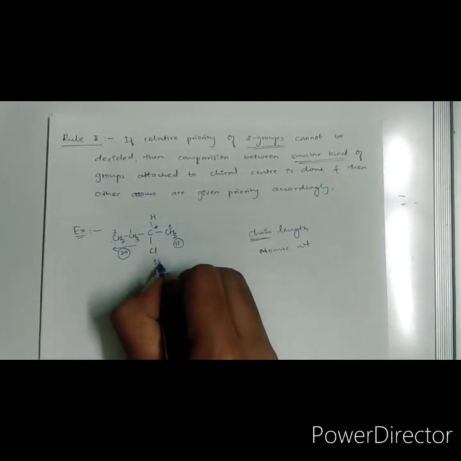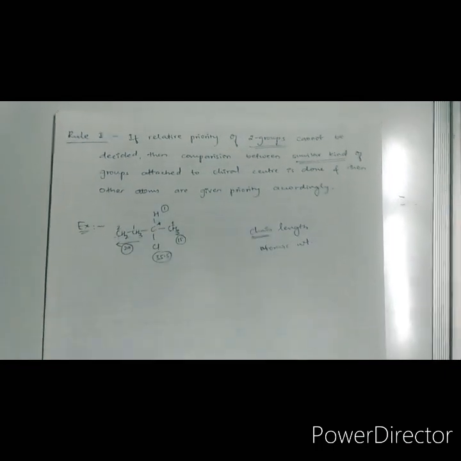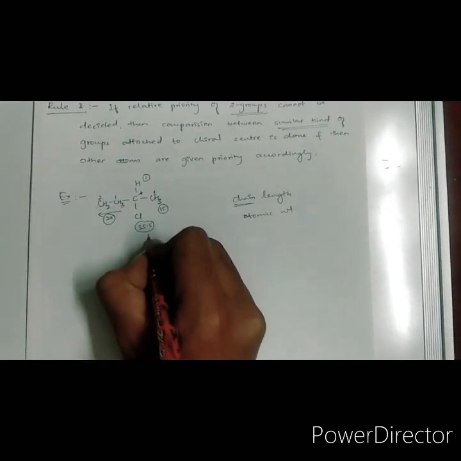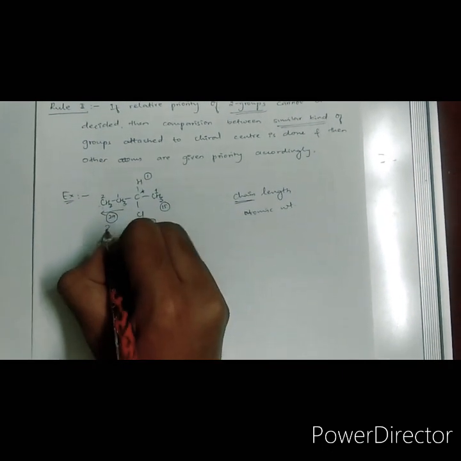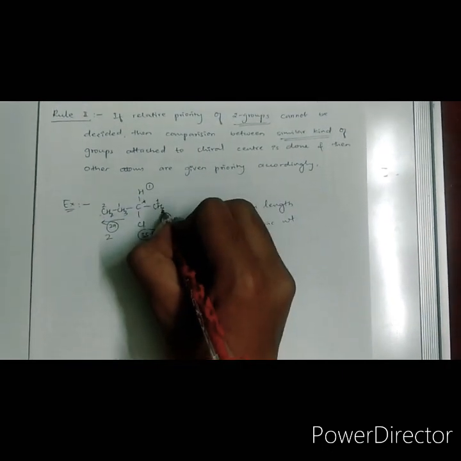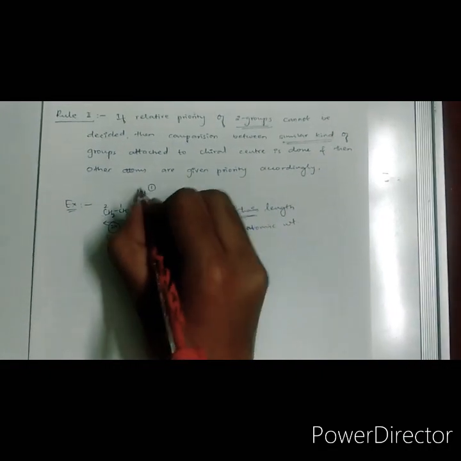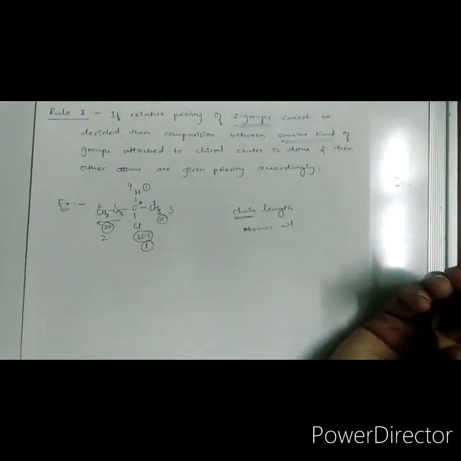Chlorine is having 35.5 while hydrogen is 1. So now if you want to give the priority to the whole molecule, this chlorine will have first priority, this ethyl group will have second priority, methyl group will have third priority, and hydrogen will be having fourth priority.